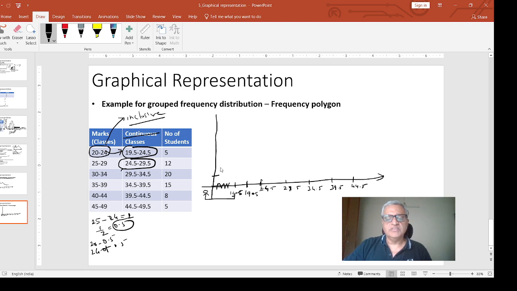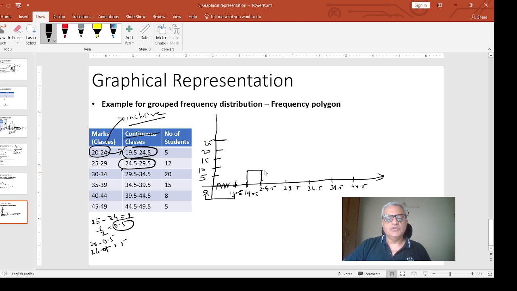On y-axis I have 5, 10, 15, 20, 25. So just get 5, 10, 15, 20, 25. So let me start. So 14.5 will be 0 because I don't have anything in this. 19.5 will be 5. So I will depict it like this, right? So basically this is how I will go and draw a histogram.